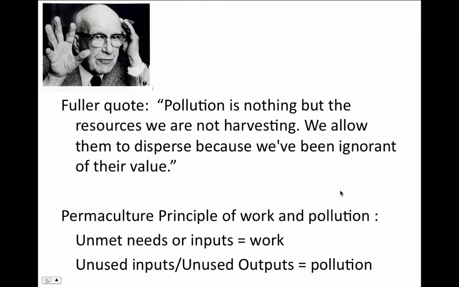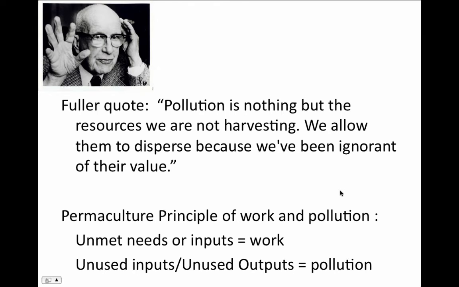So in permaculture, the way that's typically stated, if we have unmet needs or inputs into our system that aren't being supplied by the output of some other part of the system, so the output of one part of the system should be the input to the next one. If we don't have those connections made, then we have work. So if we have things that need to go into the system that aren't provided by the system, that's the definition of work.